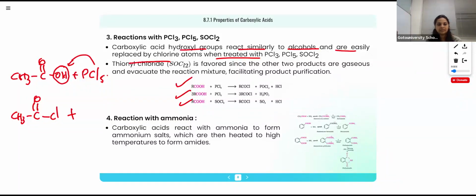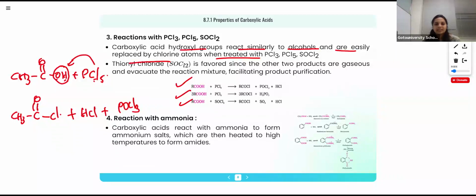Plus, this hydrogen is removed. That hydrogen reacts with, here see, one chlorine we used here, remaining 4 chlorine. One of the chlorine reacts with this hydrogen to produce HCl. Plus, oxygen is remaining here, phosphorus here, 3 chlorine here. So they will form POCl3, the first reaction.